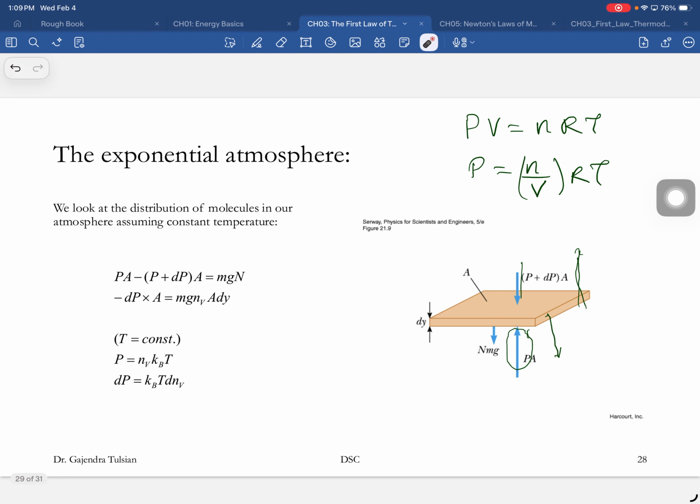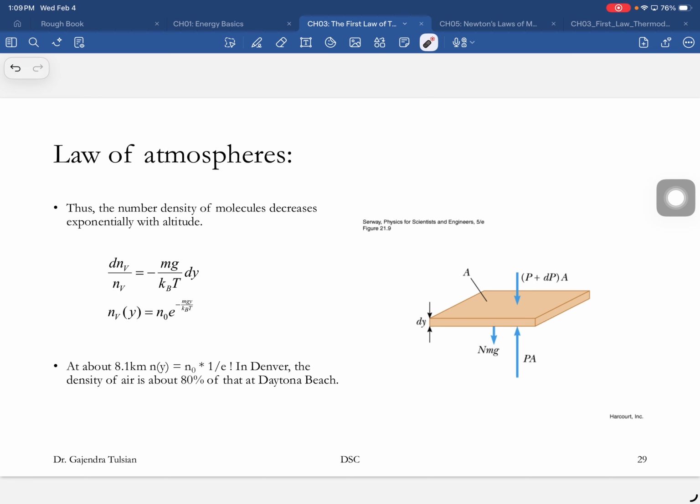And if you go through the math, what you can show is dN over NV, the change in density over NV, again a logarithmic change, is equal to that. So the density of molecules as a function of y is exponentially decreasing.